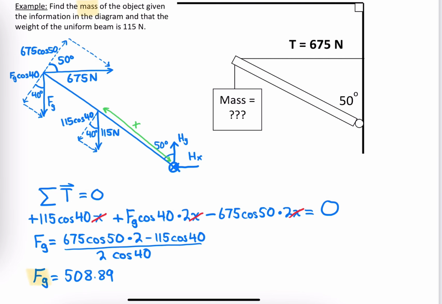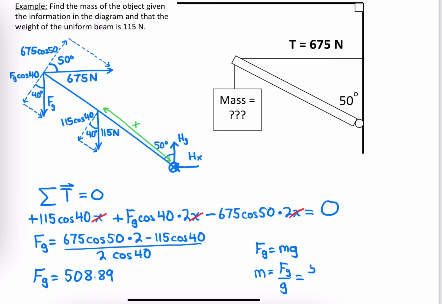I have found Fg, the weight, so I need to do one quick last conversion, and that's because Fg equals m times g. I can get m is Fg over g.